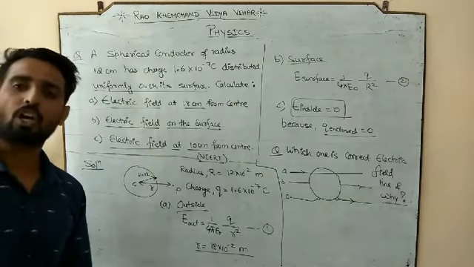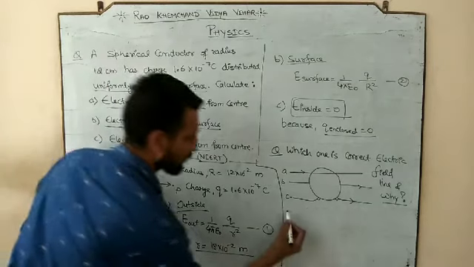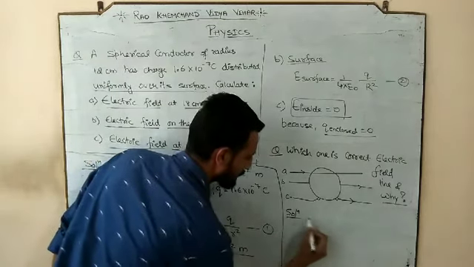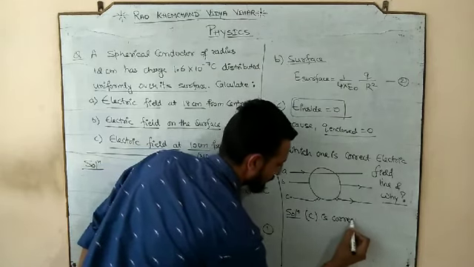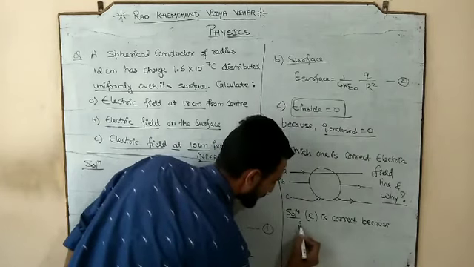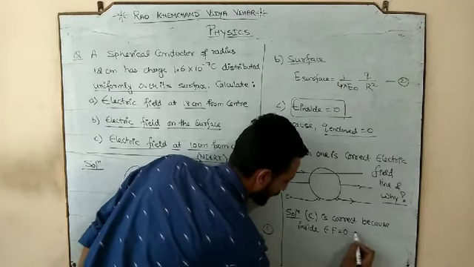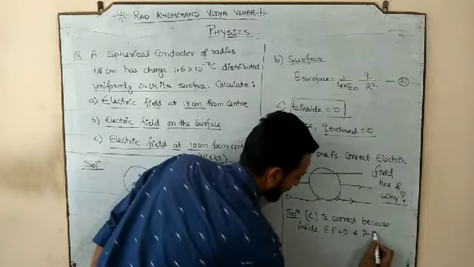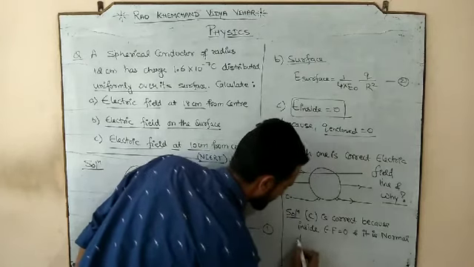So which should be your appropriate and correct answer? That should be C. So what would be the solution? C is correct. Your reason should be: because inside the electric field is 0 and it is normal to the surface.